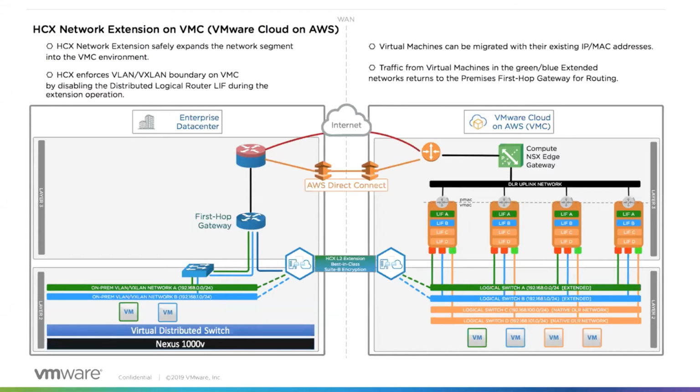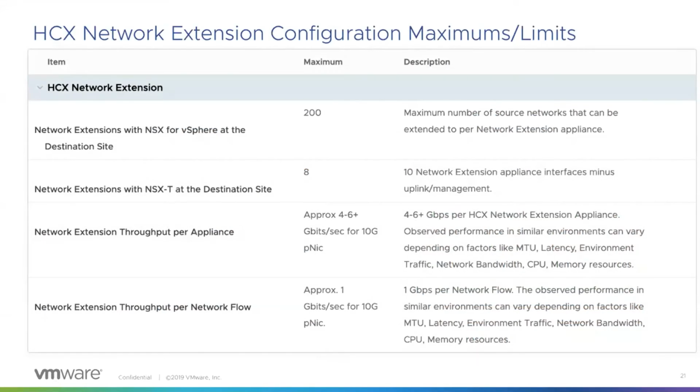So when we enable proximity routing, what will happen is instead of hairpinning the traffic back to the source site, the virtual machines will be able to use the local compute gateway, NSX gateway, to route the traffic outside. So that would need BGP and OSPF protocols to be set up between the two sites. But again, do bear in mind that on VMC, this feature is still work in progress.